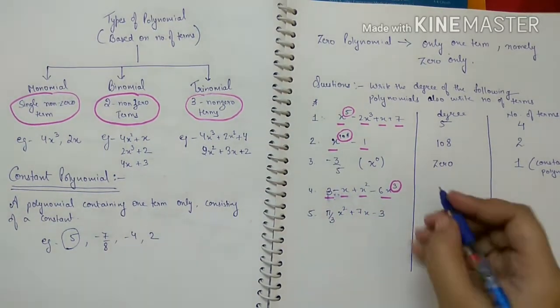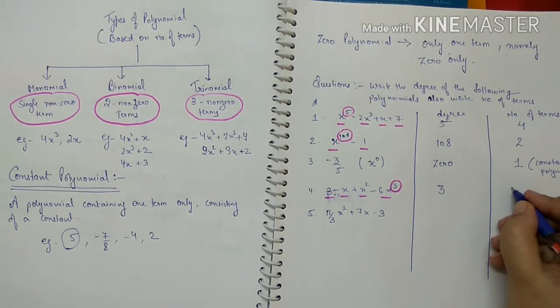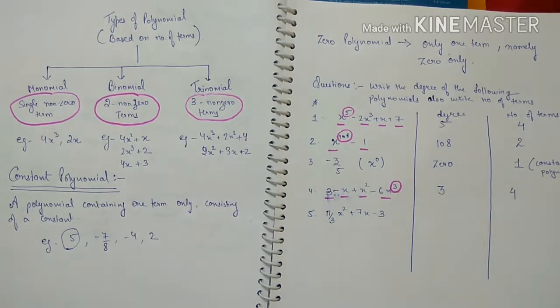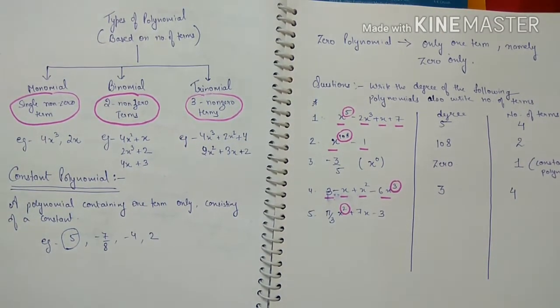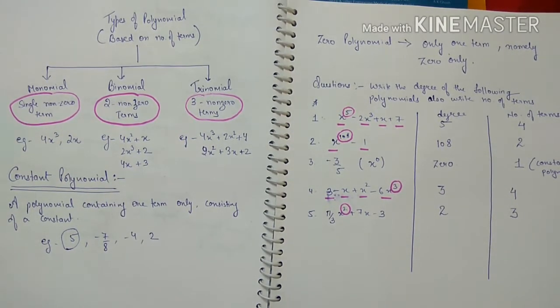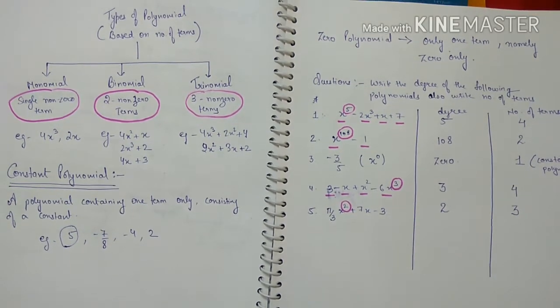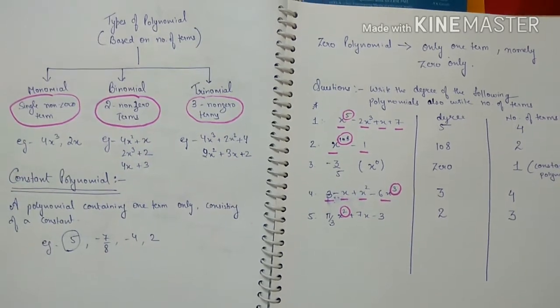So the degree of the polynomial is 3 and the number of terms is 4. Similarly, in our last example, the highest power is 2, so degree is 2 and the number of terms is 3. This was the first question asking the degree and the number of terms, and it generally comes for 1 or 2 mark questions in the examinations.